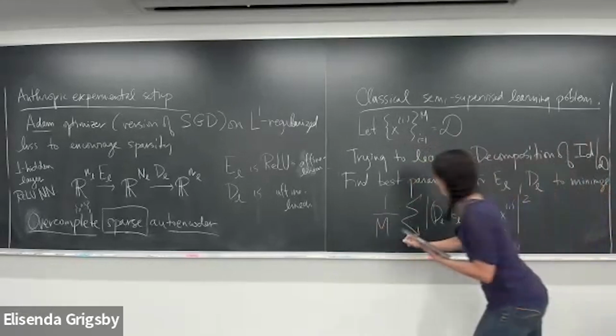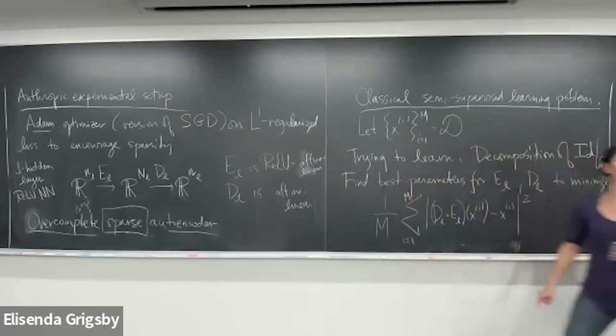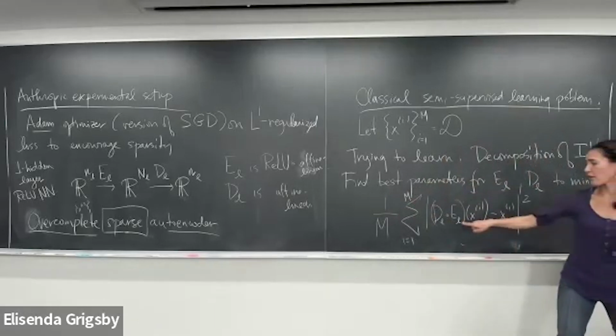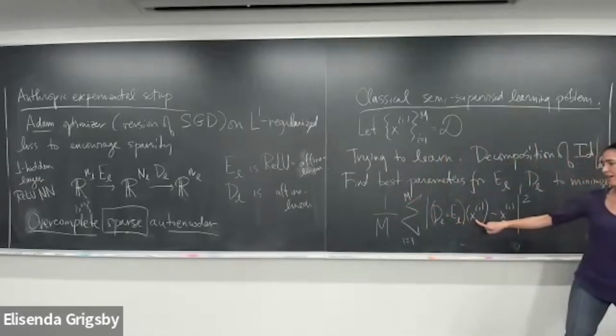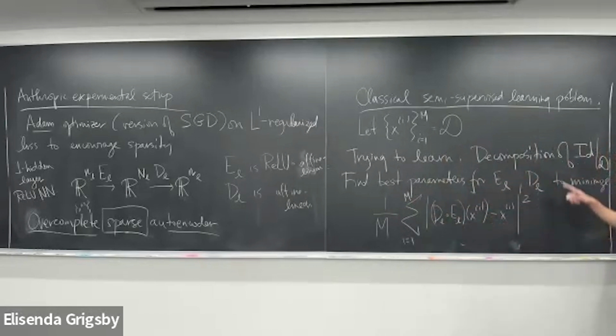Okay, so you're trying to make sure that when you compose EL and DL on XI, you land pretty close to XI. So this is the sort of unregularized loss that you'd be using. This is the unregularized training objective.